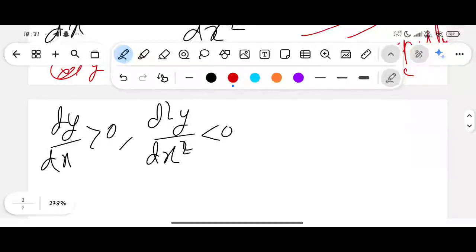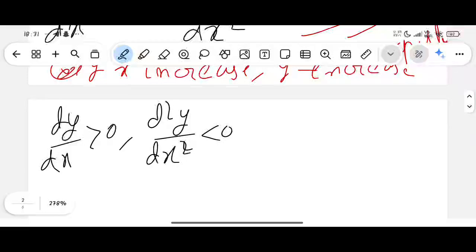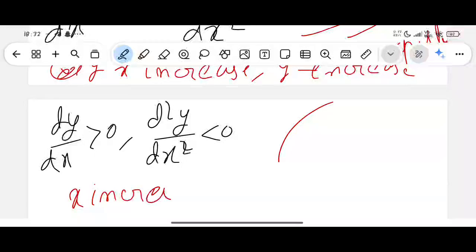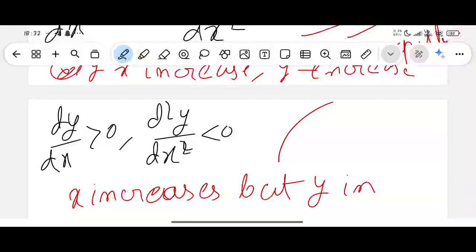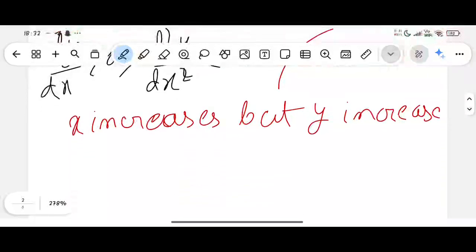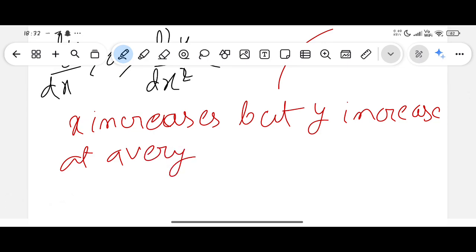In the previous case the graph was like this, and here the graph will be increasing but like this, meaning x increases but y increases at a very slow rate. An example will be log of x.